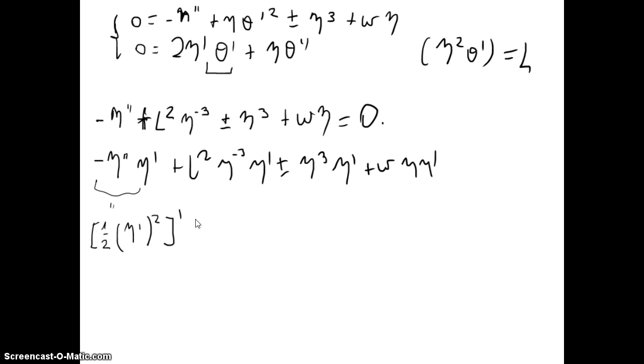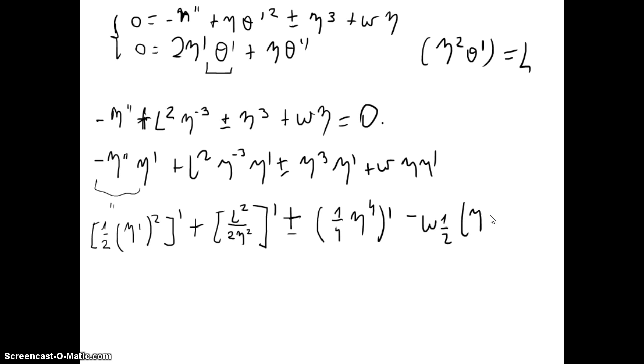The next one is going to be L²/2 (η⁻²)', the next one, plus or minus 1/4 (η⁴)', and the last one will be ω/2 (η²)', all equal to 0.